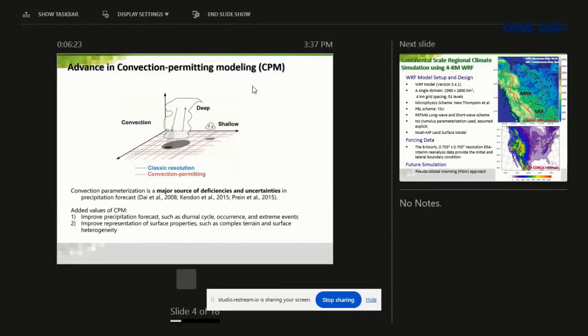Okay, so the fine resolution model we used is a 4 kilometer regional climate model. And we call it convection permitting in my title because convection usually happens at a fine scale. You see, we put a cloud there, right? In a GCM, it's inside of a grid point, so the model cannot actually see it.